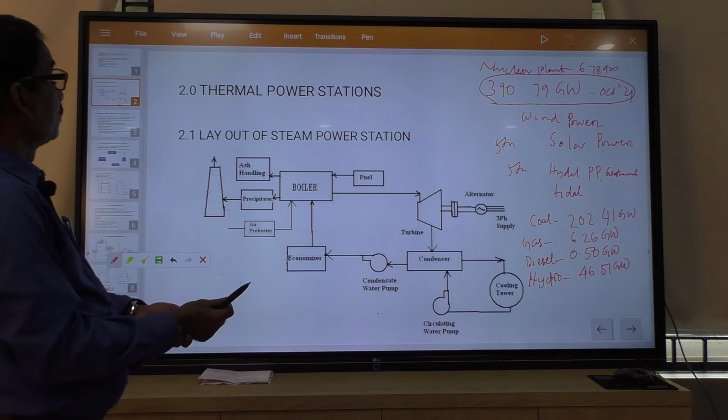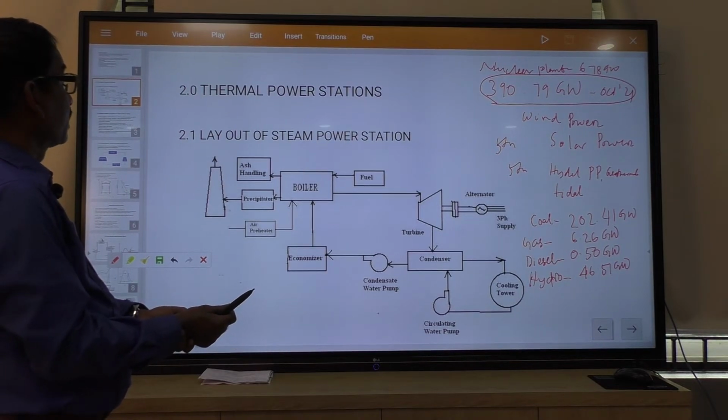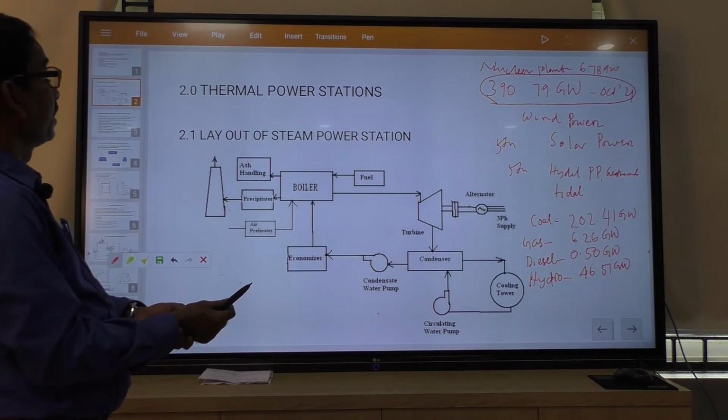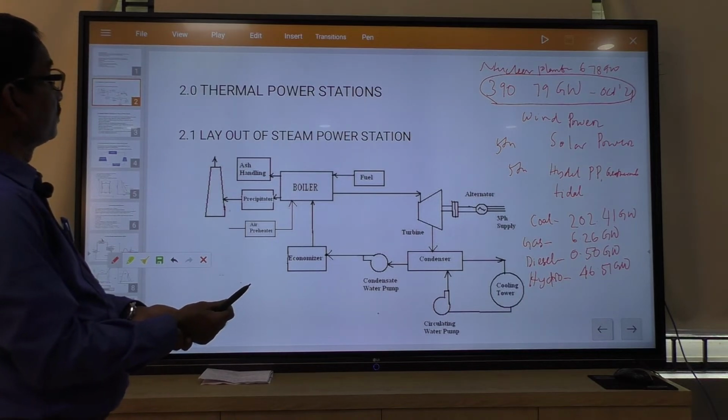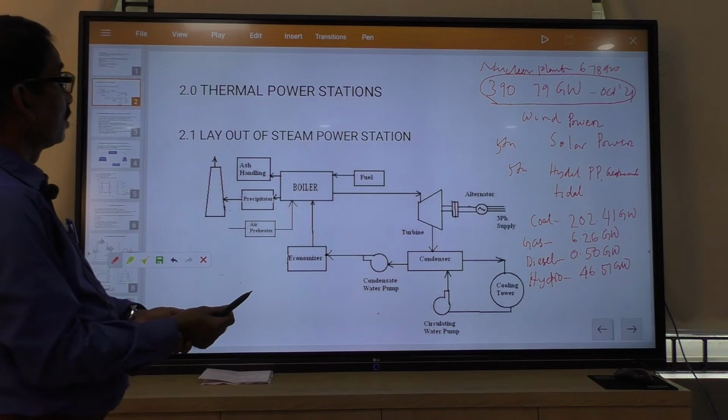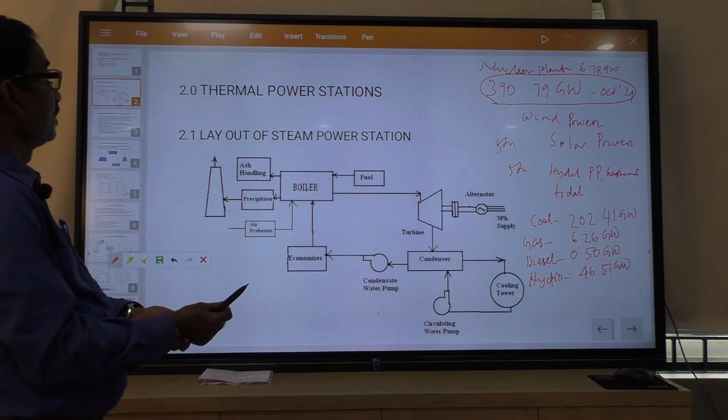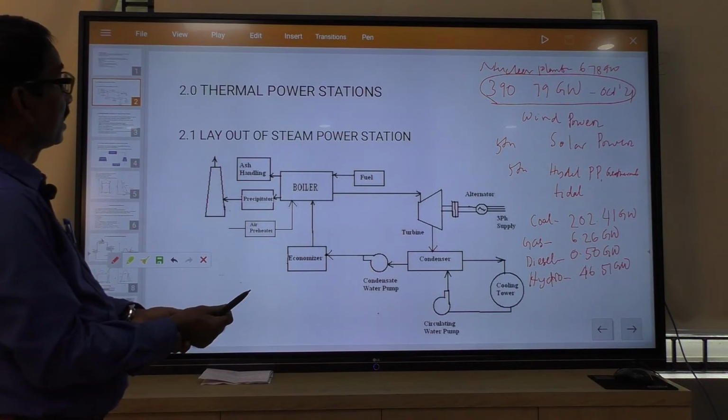continuously from water at high pressure and high temperature, and the heat content of the steam is called enthalpy. The total heat of the steam is known as enthalpy.